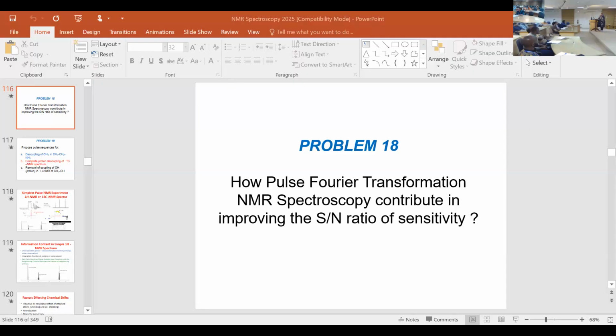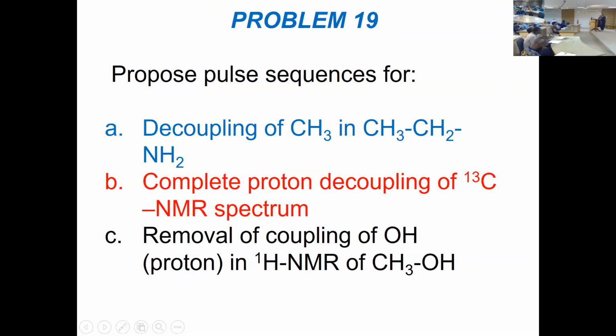So, for example, most of you have run proton NMR experiments, in which you usually give 16 or 32 or 64 or 128 number of scans. These number of scans are actually number of experiments. Each scan is one experiment. When you increase the number of scans, you are increasing the number of experiments. The signals are overlapped.